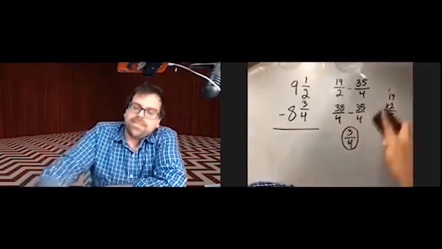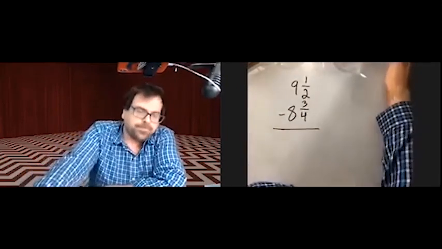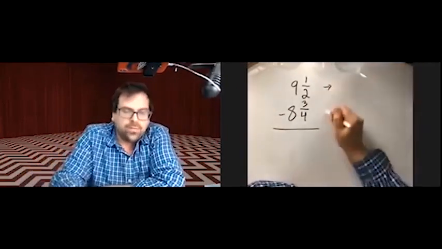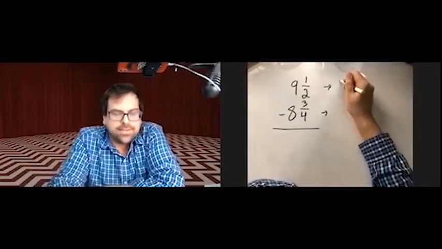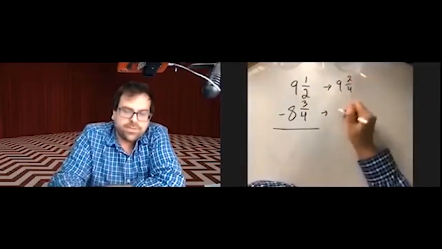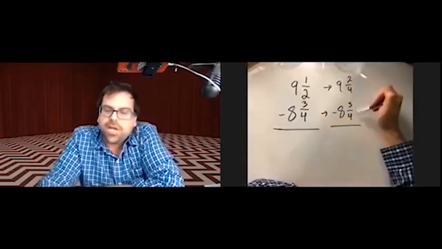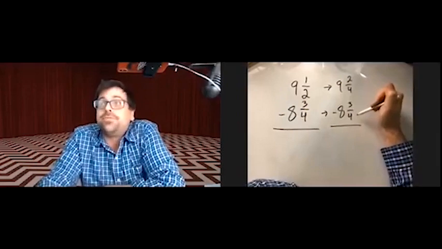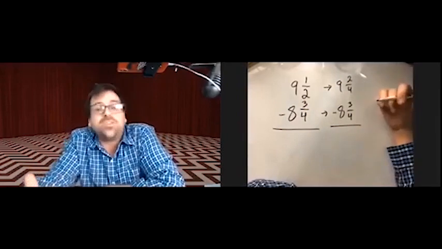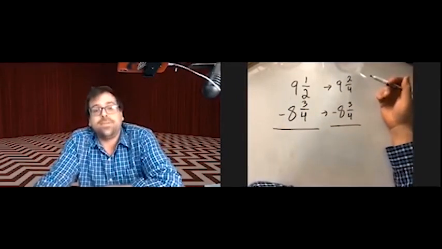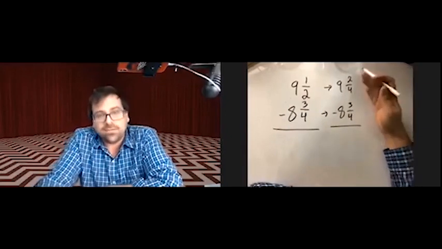If we try to keep them as mixed numbers, we'll go ahead and we'll get 9 and 2 fourths minus 8 and 3 fourths. And notice 2 fourths minus 3 fourths, that's going to go negative. We can't do negative yet. Like Bob Saget, we don't do negative.